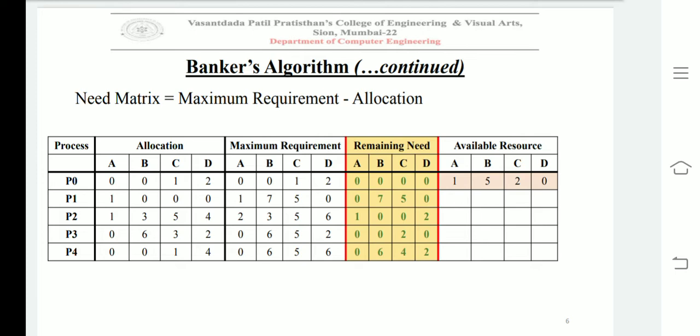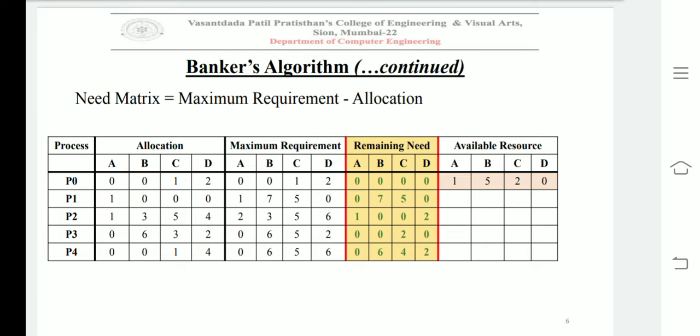By using the formula maximum requirement minus allocation, for P0 we get 0, 0, 0 and 0. How? 0 minus 0 is 0, 0 minus 0 again 0, 1 minus 1 is 0, and last 2 minus 2 is 0.